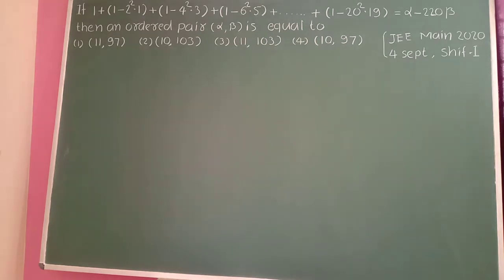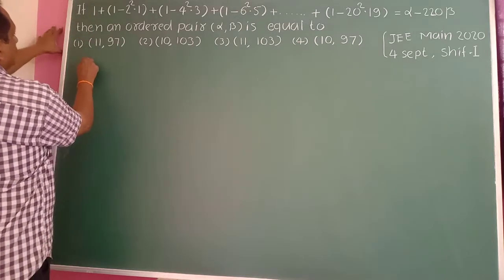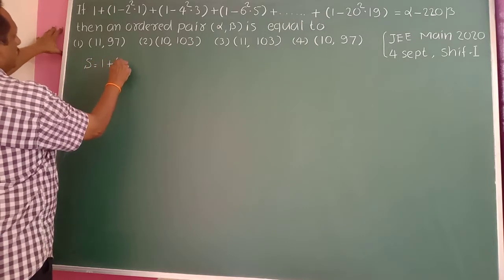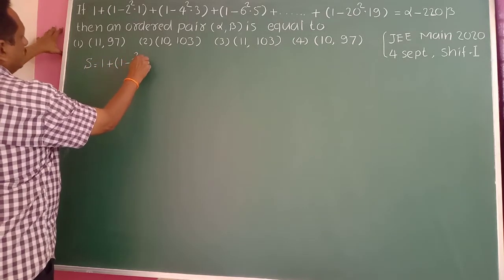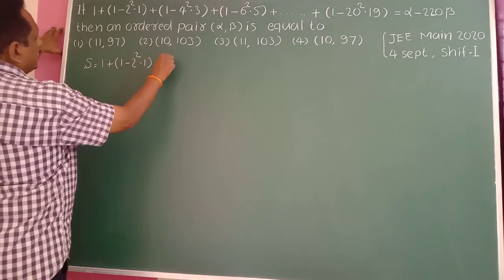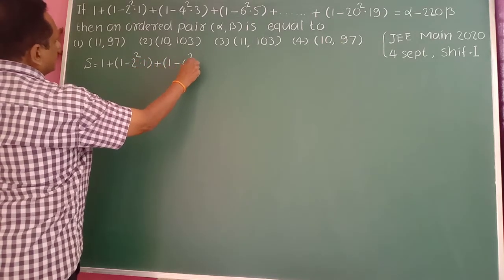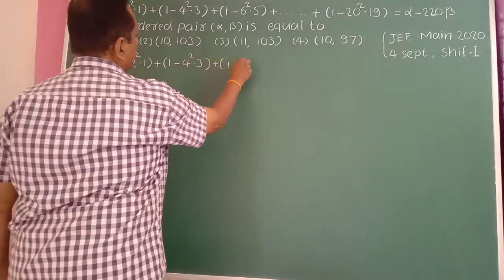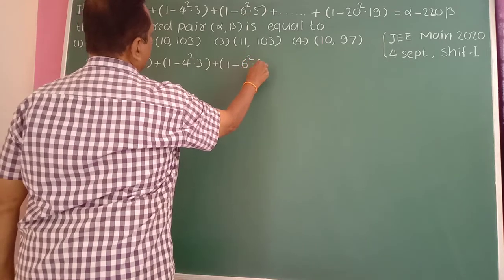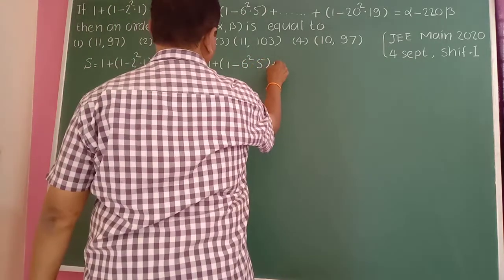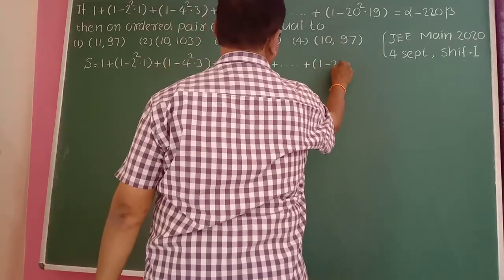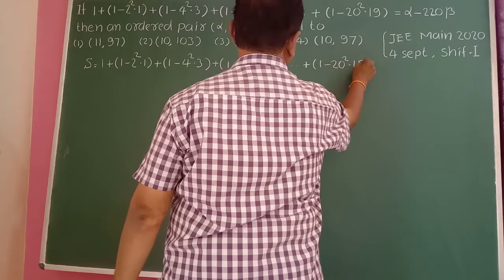Okay. Consider this sum as S here. S is equal to 1 plus (1 minus 2 square) into 1 plus (1 minus 4 square) into 3 plus (1 minus 6 square) into 5 plus dash plus (1 minus 20 square) into 19 here.